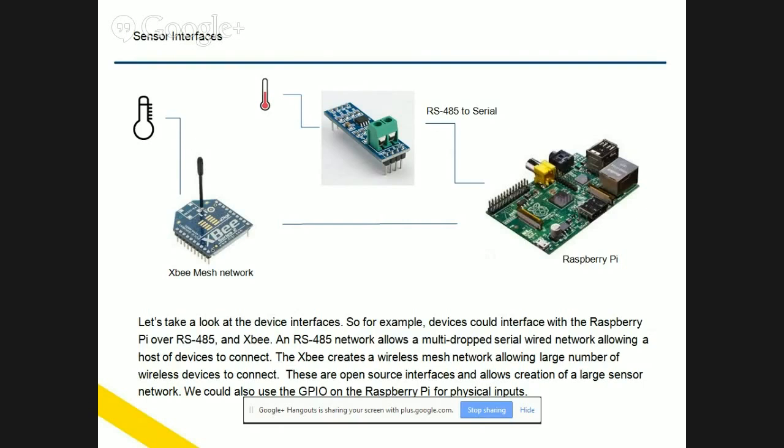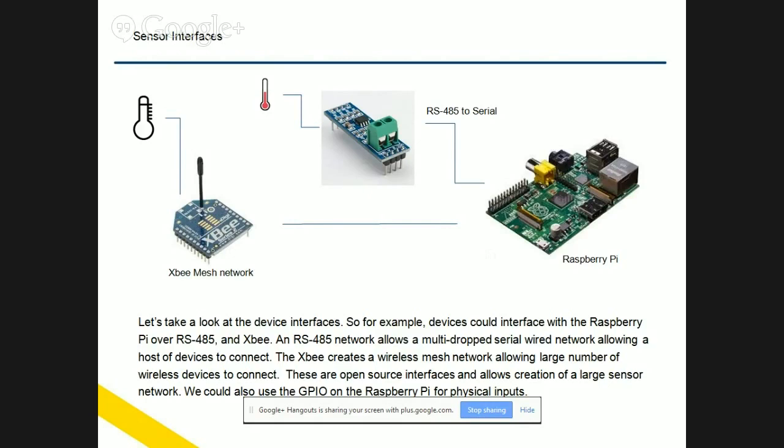So now, replicating what we did with the wired connection, in the case of a wireless network, you would have a ZigBee radio, which would be connected to each of these devices. The devices are connected over the mesh network.